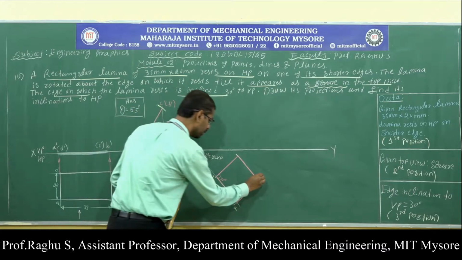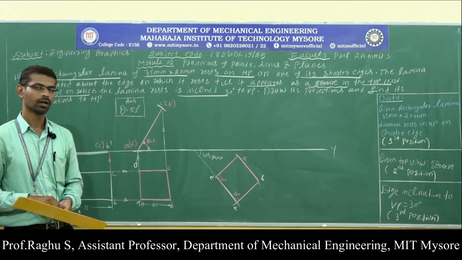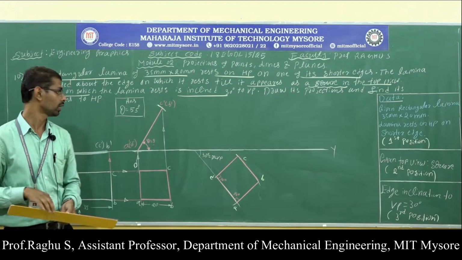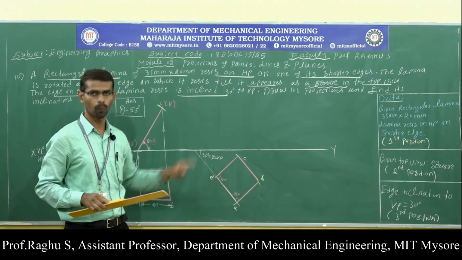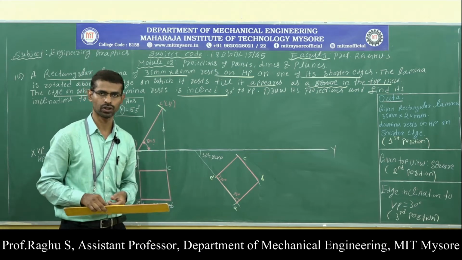This is A, B, C and D. Next, to get the upward projection, so to get the final front view, draw upward projections from all the 4 corners and draw horizontal projections.